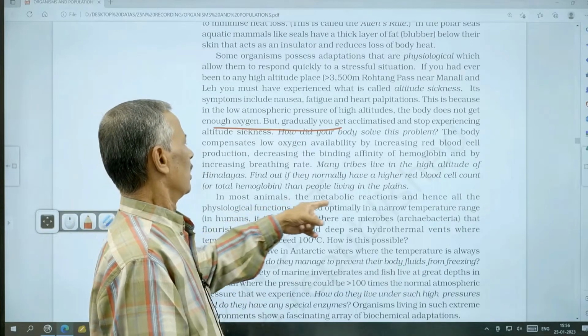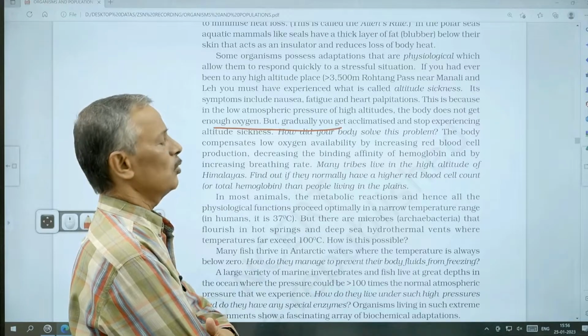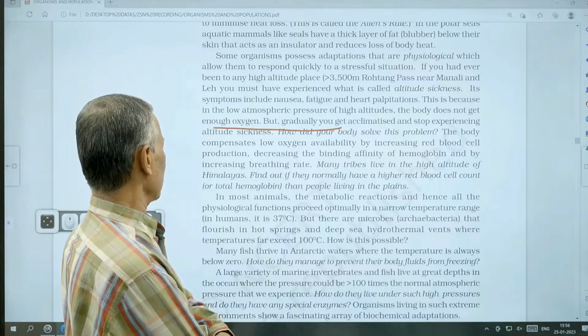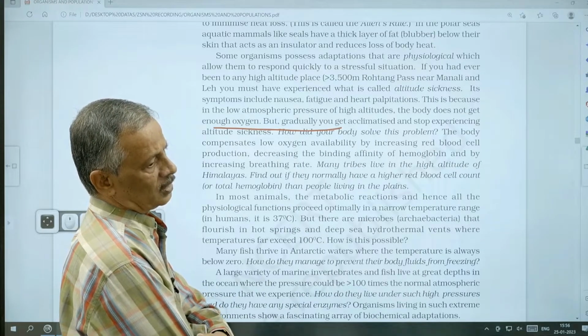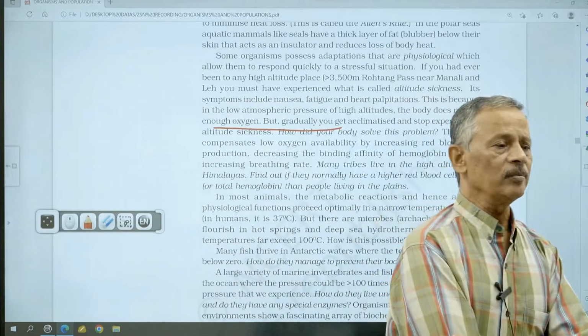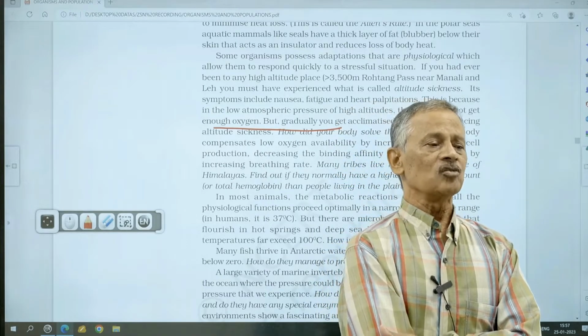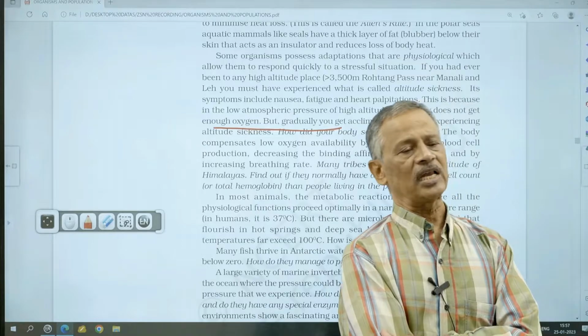Similarly, metabolic reactions are also helping in living in such extreme conditions. You are having archaebacteria which are living in extremely hot boiling waters. They will be having a special type of cell wall and cell membrane.